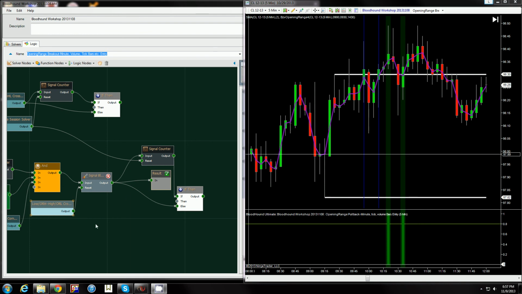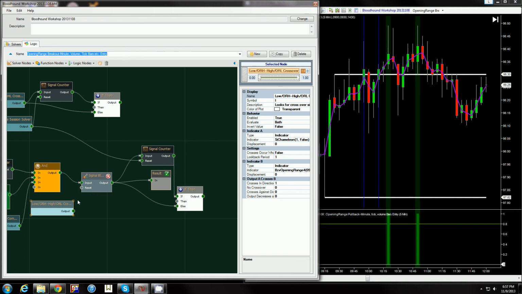Because if you don't, then just disconnect this, and then it will say that the whole bar has to be outside. So that's what this reset is for. It's resetting the blocker here.